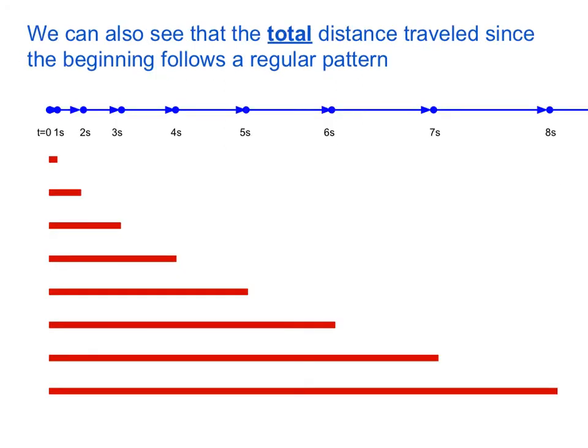We actually will look at the total distance it's traveled since the beginning. We generally aren't interested in how far it goes between the 5th and 6th second or the 4th and 5th second. We want to know how far after 5 seconds of motion the object has moved overall. But we can see again that there is some sort of a pattern here.